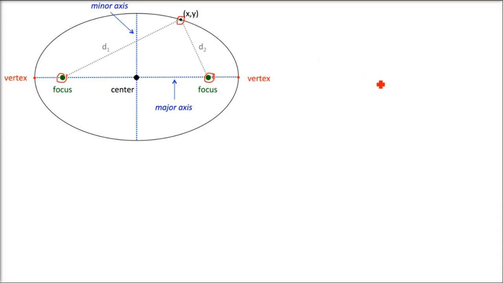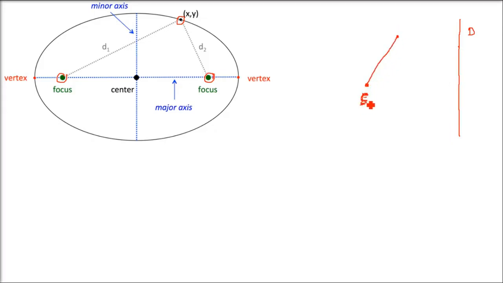What does it mean? It means that you have a point, we call it the focus. Then there is a line which is also fixed, we call it the directrix. Now there is a point which is moving, tracing a figure.